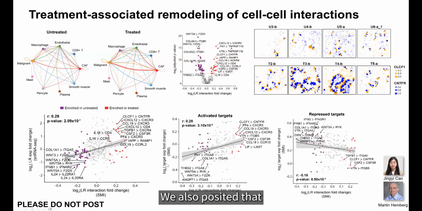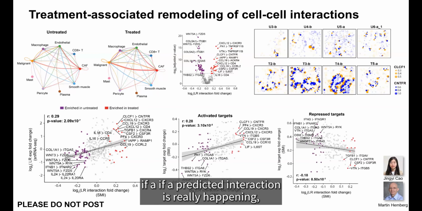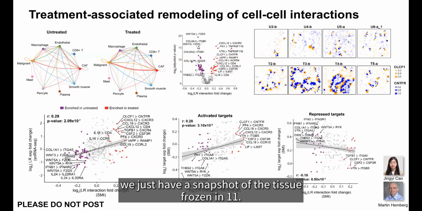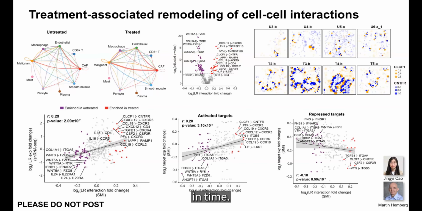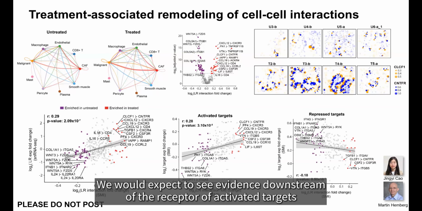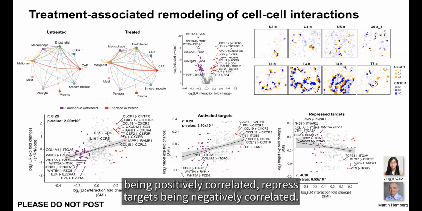We also posited that if a predicted interaction is really happening, right, we just have a snapshot of the tissue frozen at one point in time, we would expect to see evidence downstream of the receptor of activated targets being positively correlated, repressed targets being negatively correlated.